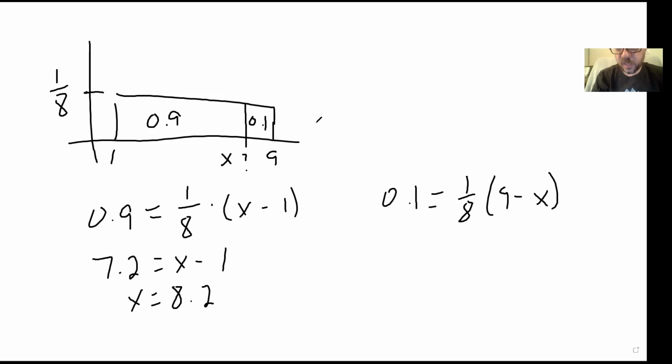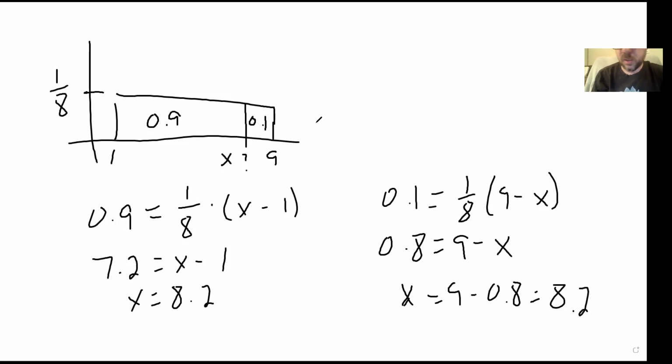Multiply both sides by 8, I get 0.8 equals 9 minus x. And then I'm going to add x to the left and subtract 0.8 to the right and get x equals 9 minus 0.8, which is 8.2. So same either way. Algebra works fine either direction.